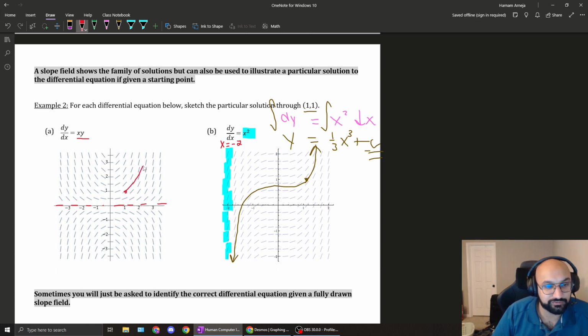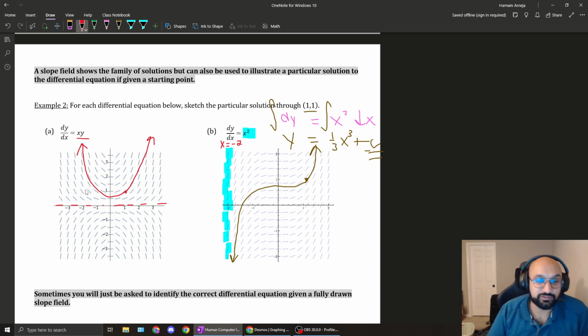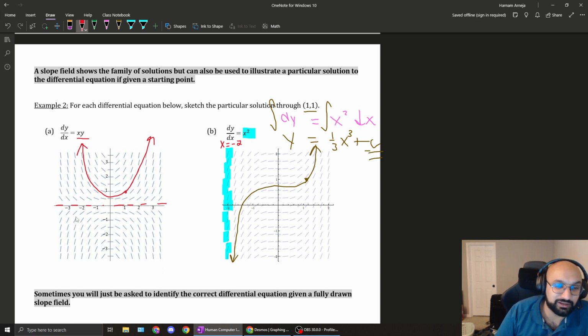It looks like it goes off to the right this way maybe. And then it gets kind of flat and goes off to the left this way. When you're following the slope fields, you'll notice we don't even get to the bottom part, and that deals with that asymptotic-like behavior as we get near 0. So slope fields are kind of nice. It's a family of solutions, and it just illustrates your solution once you get a starting point.